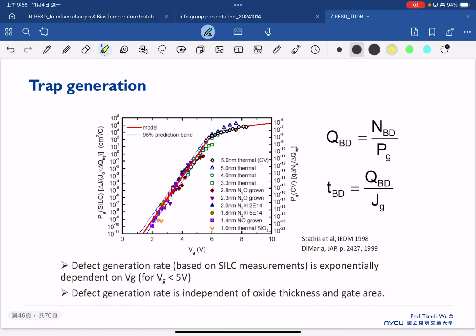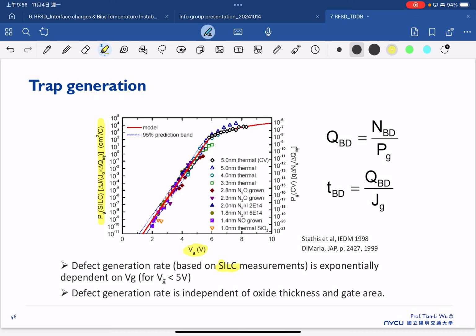And also, we can consider the way to calculate the trap generation. The x-axis is our gate bias, and the y-axis is the defect generation rate. This defect generation rate is based on the SILC, which we already explained before.